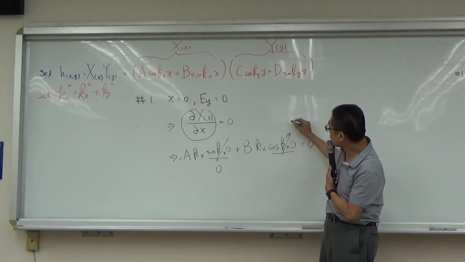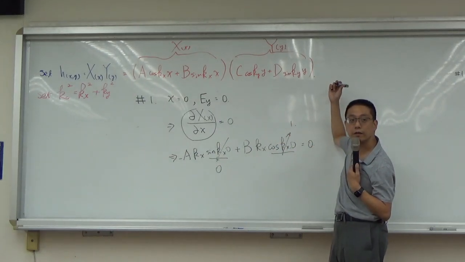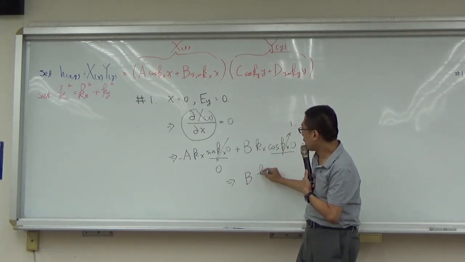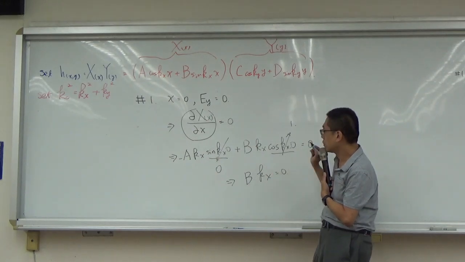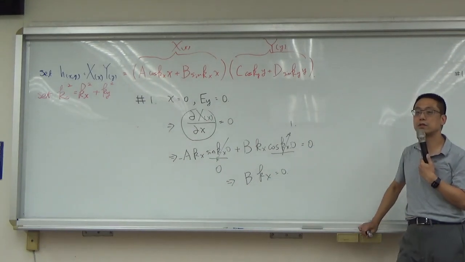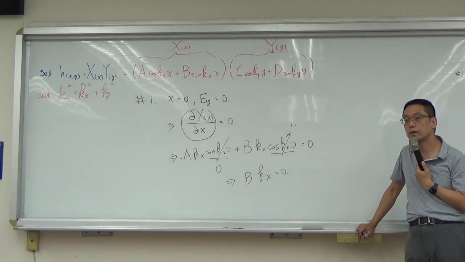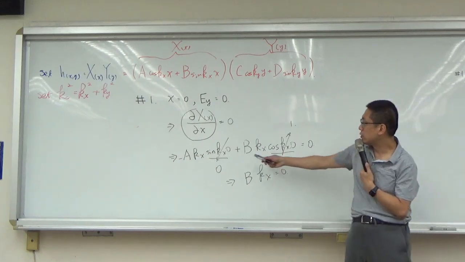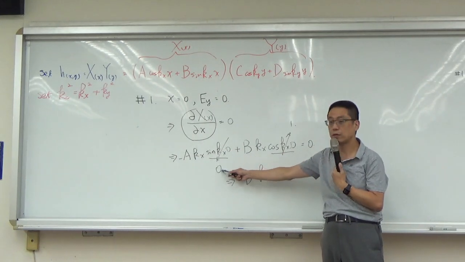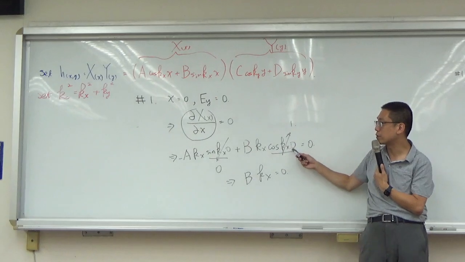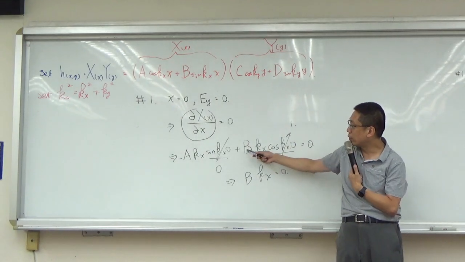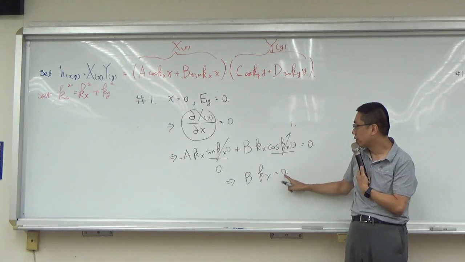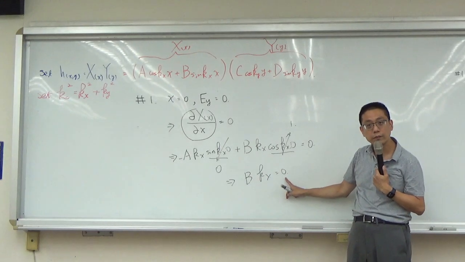Cosine 0, it is 1. B Kx equals to 0. Guys follow? This is 0 because sine 0 is 0. This is 1 because cosine 0 is 1. You left only this term. B Kx equals to 0. Okay?